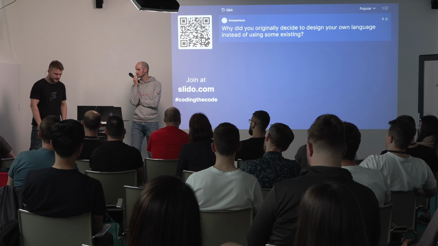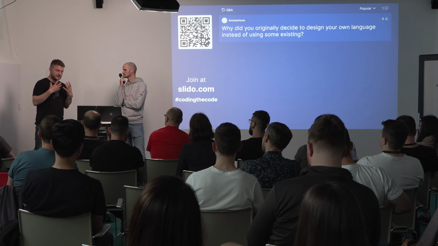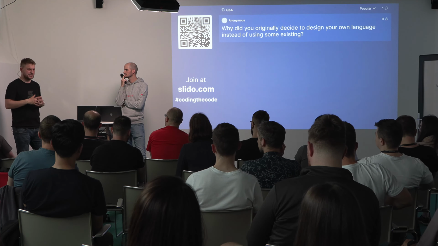Those were some of the reasons behind designing our own language. But it turns out that by putting everything in WebAssembly and adding a JavaScript interpreter, we can pretty much control the environment. And if the script goes rogue, we can just stop it, limit its memory consumption, and so on.